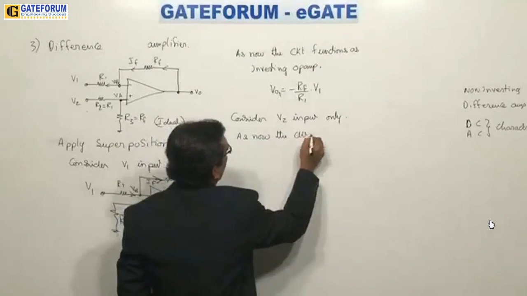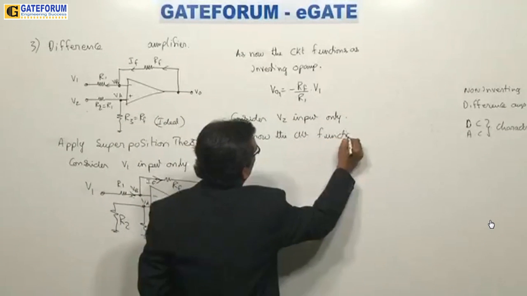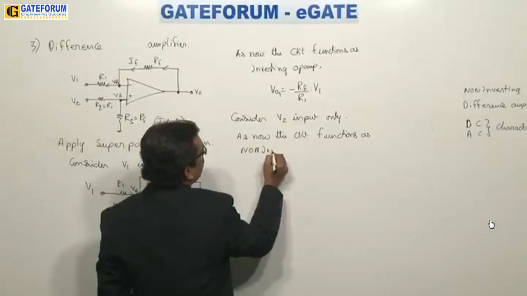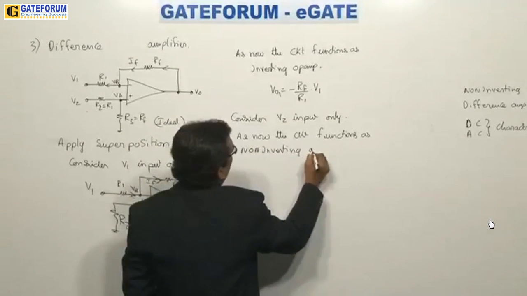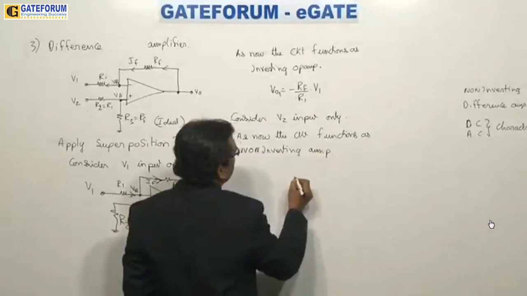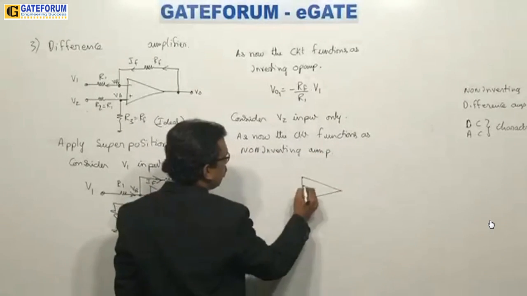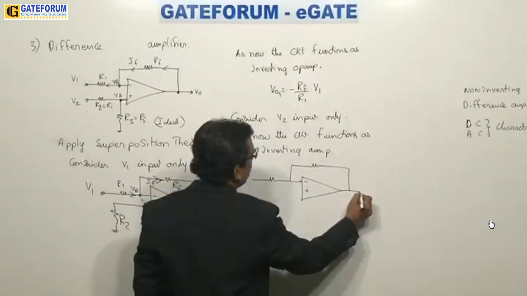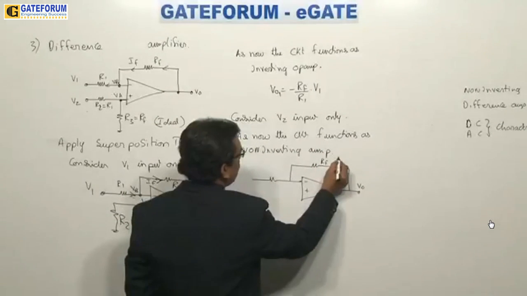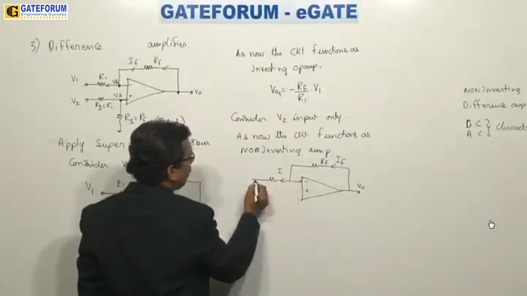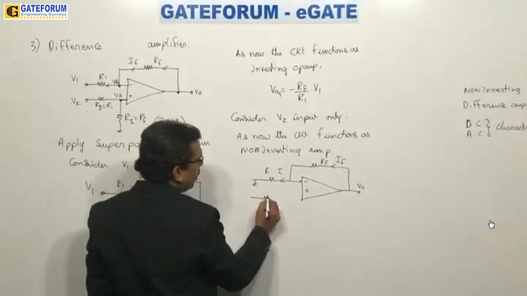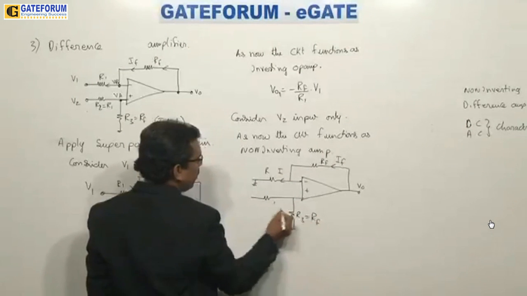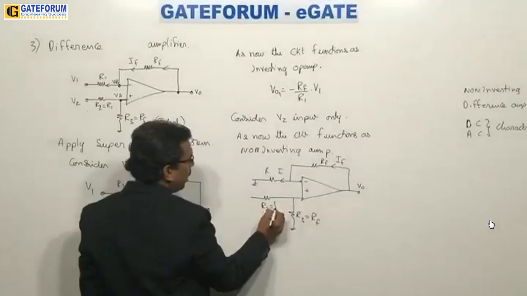Then the circuit functions as a non-inverting amplifier. Now you redraw the circuit, minus plus. The inverting terminal should be grounded because only the non-inverting input is considered. Now I get the voltage divider here, with R3 equal to RF and R2 equal to R1.